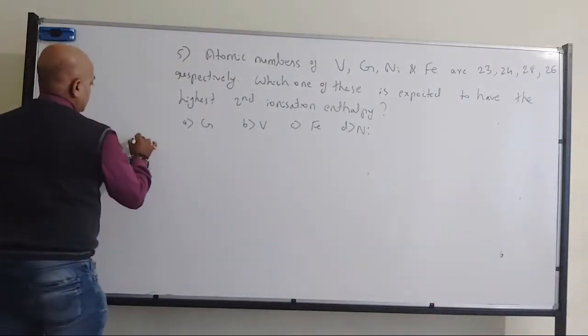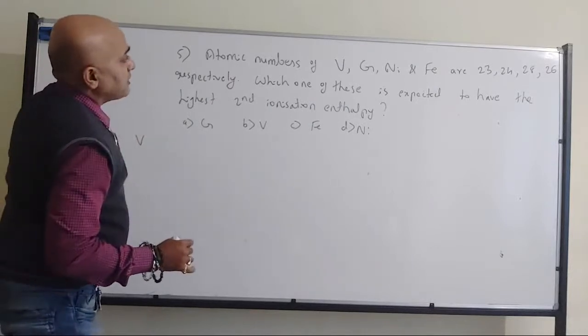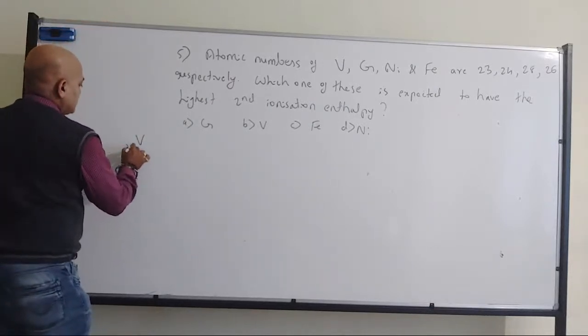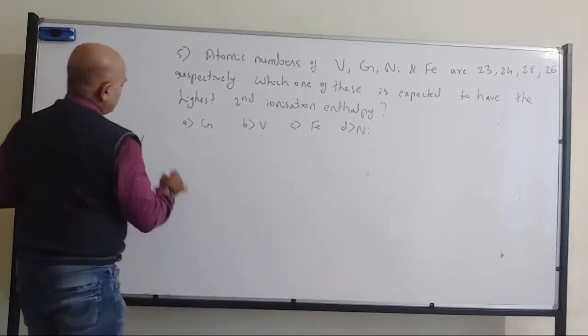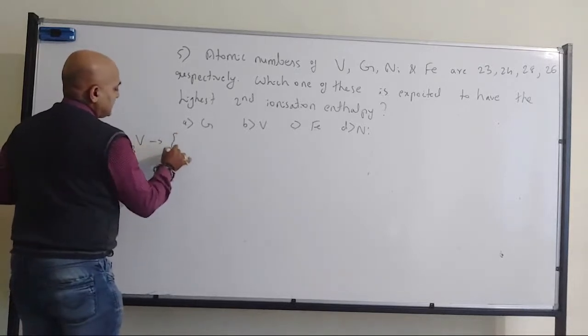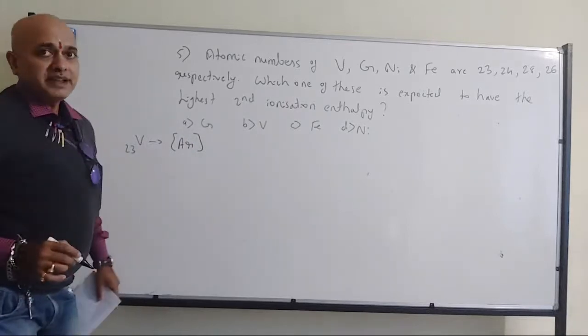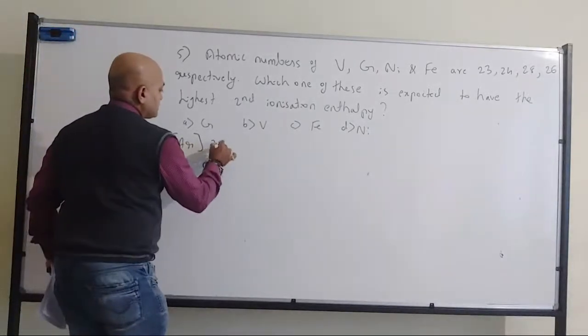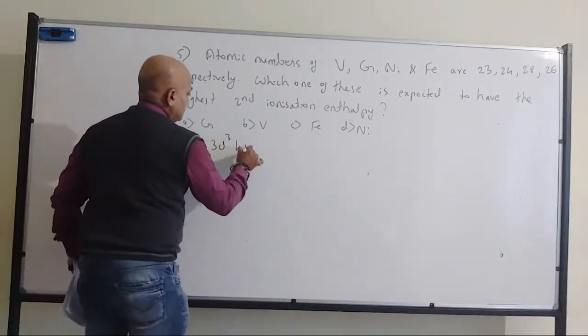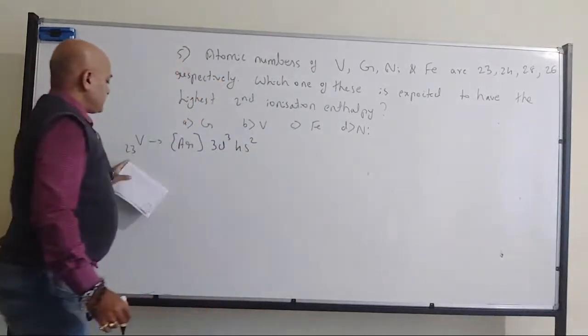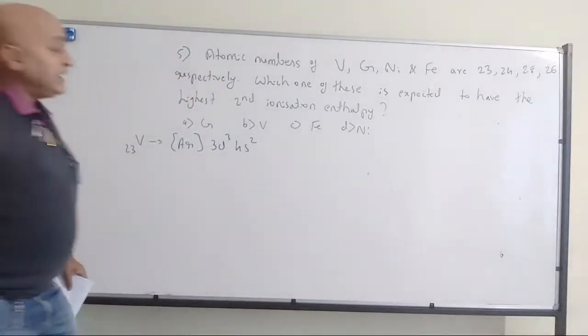So you people have given option C as the answer. We will see. What is the atomic number of vanadium? That is 23, so I can take the help of argon. It will be 3d3 4s2 for vanadium.